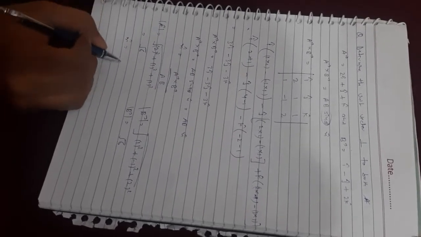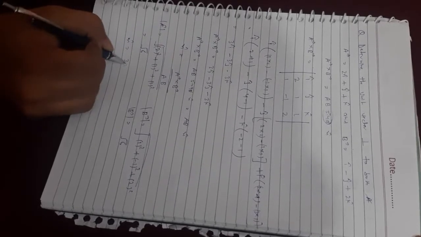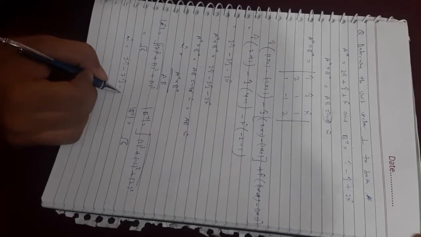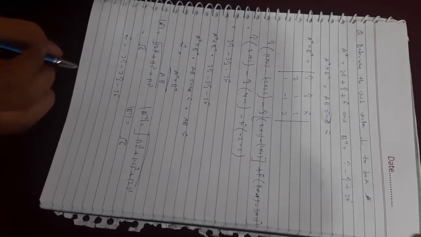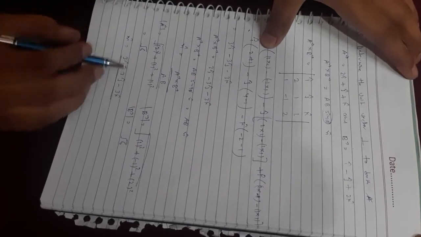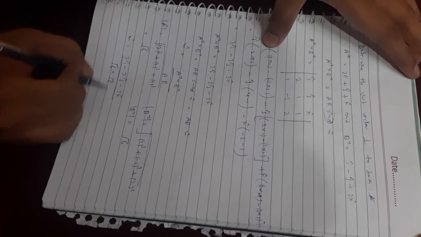So n cap will be, here we got 3 I cap minus 3 j cap minus 3 k cap, and here that is under root 6 mod A, and mod B is also under root 6.